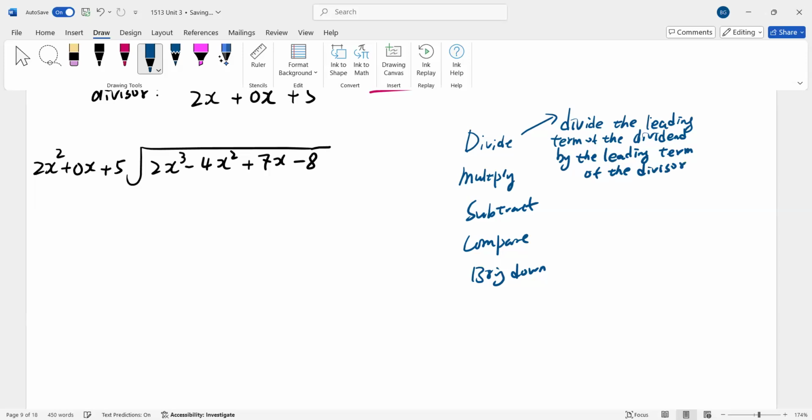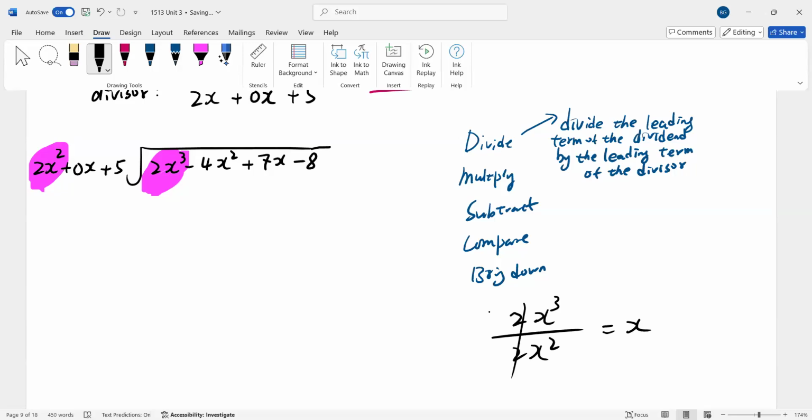All right, so that's the first step. Leading term of the dividend. This is the leading term of dividend. Divide that by the leading term of divisor. This is the leading term of divisor. Let's see what we have. 2x cubed divided by 2x squared. 2 cancel 2, x cubed over x, right?